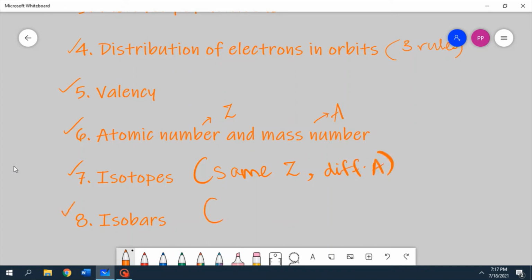And then isobars, which have the same mass number but different atomic number. Alright, so the difference between these two is very important. Very important. Alright, make sure you understood every concept very well.